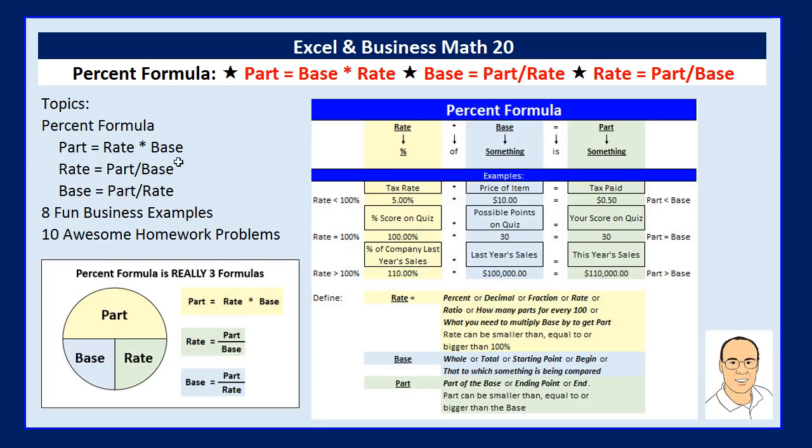Because really, these formulas are the relationship between three different things: part, base, and rate. And if we understand the three different formulas, we can solve for any one of the elements if we're given the other two.